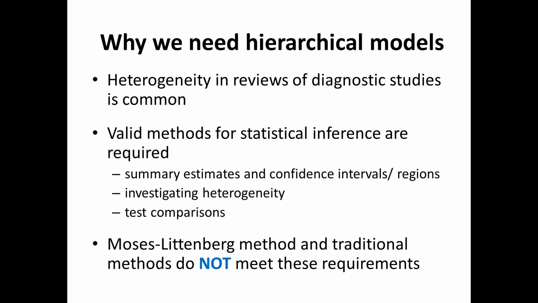Now, the Moses method is useful for exploring the data, for doing preliminary investigations of the data, but you should not use that as the final analysis that is then used for making inferences in the review. But it's still a useful method in that respect of just trying to get a feel for the data in RevMan.